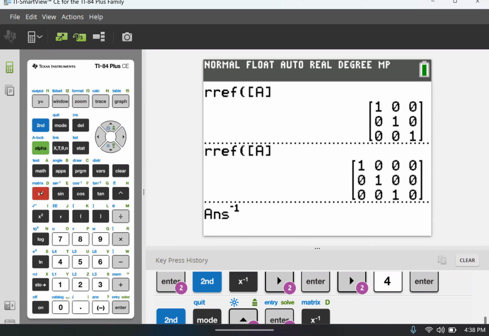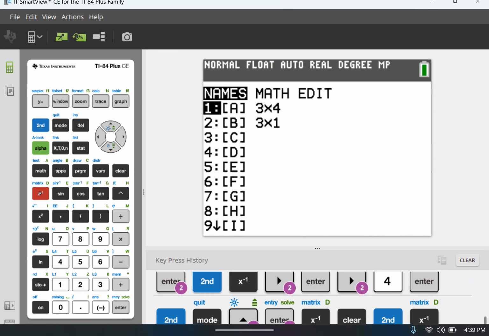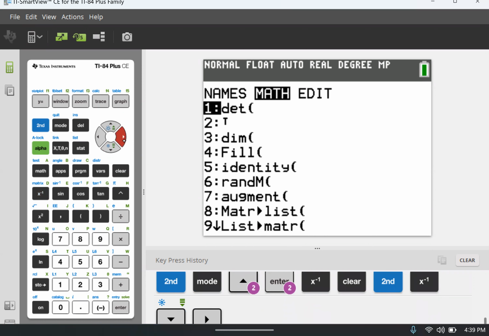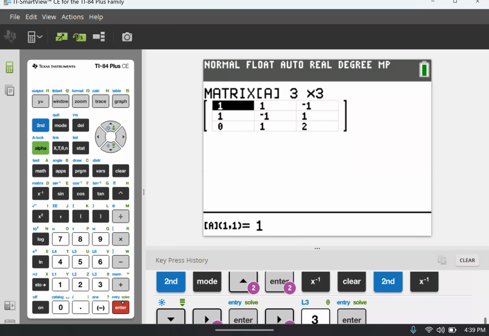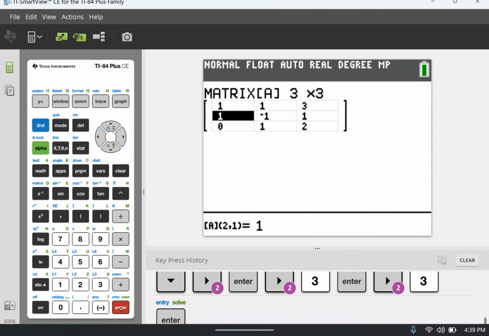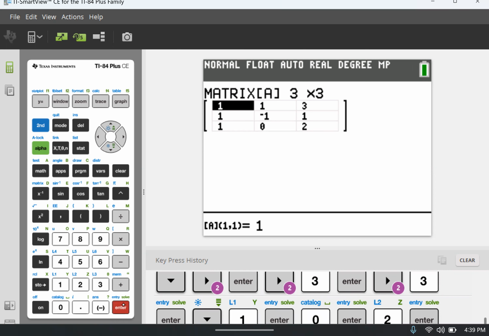Second matrix. With this one, let's make it into a square matrix because we can only find determinants of square matrices. And this is going to be 1, 1, 3; 1, -1, 1; and then 1, 0, 2.